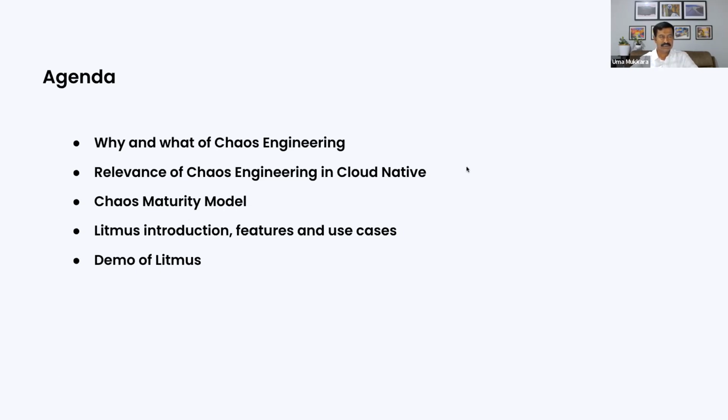So just before going in, a quick intro about myself. Uma Mukkara. I co-founded a company called Chaos Native, which is now part of Harness. Before actually founding Chaos Native, I wrote Litmus along with Karthik in 2017 when I was running some SaaS operations, and I found the need for chaos engineering.